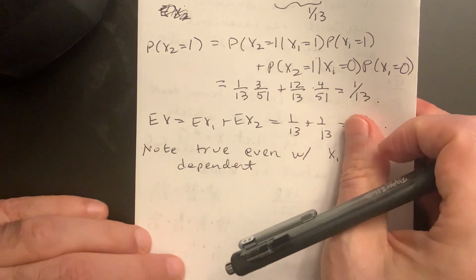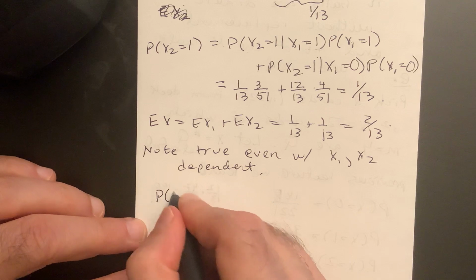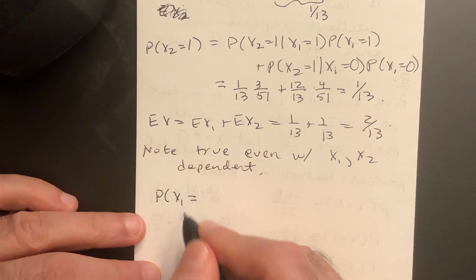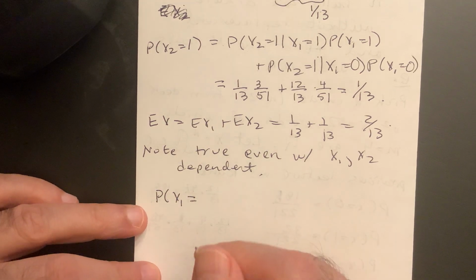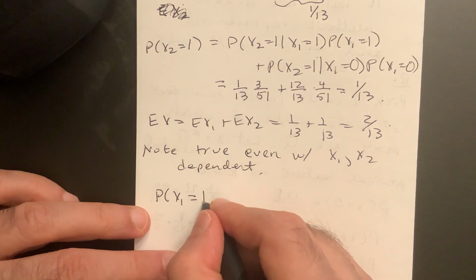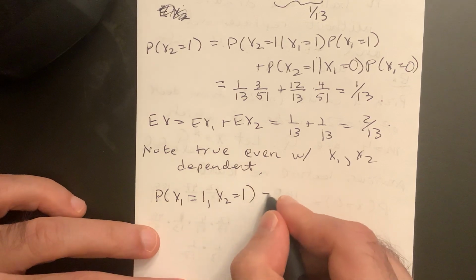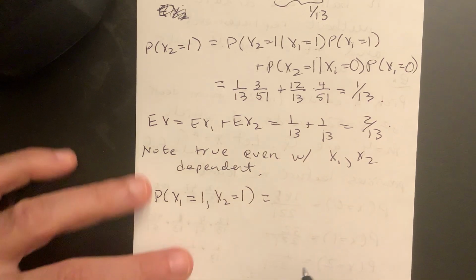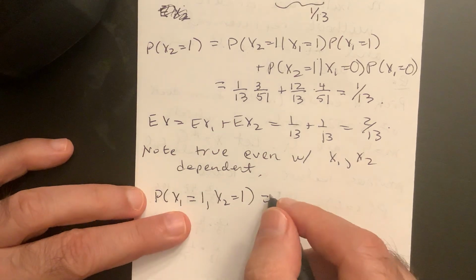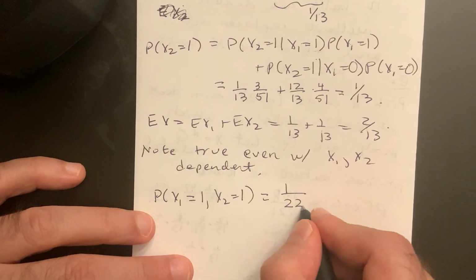I'm scared I was running out of time. So we can show this by, let's just take the probability x1 equals 1 and x2 equals 1. This is equal to, well, it's the probability they're both 1. So remember, this was 1 over 221.